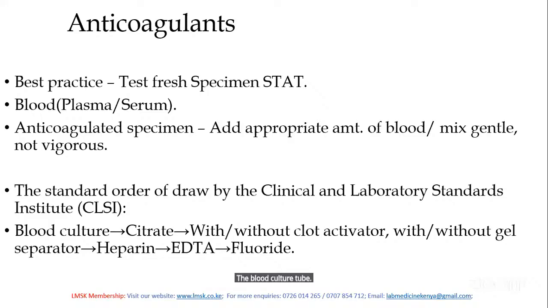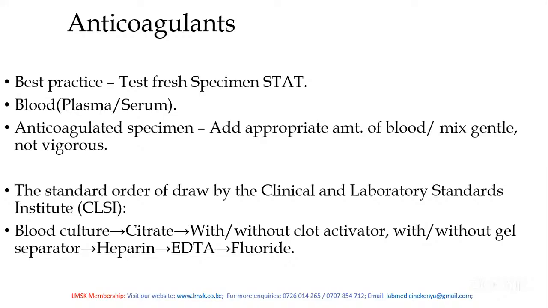Next should be the citrate tube, then followed with the tube which is plain or has clot activator. They work almost similar. Then you follow with the tube which has a gel separator.